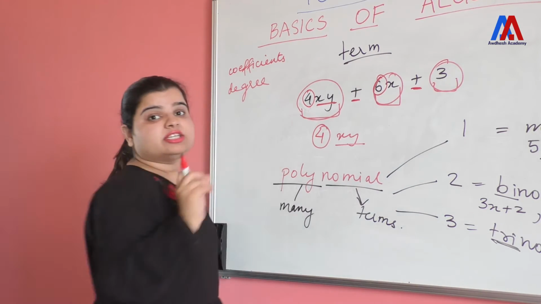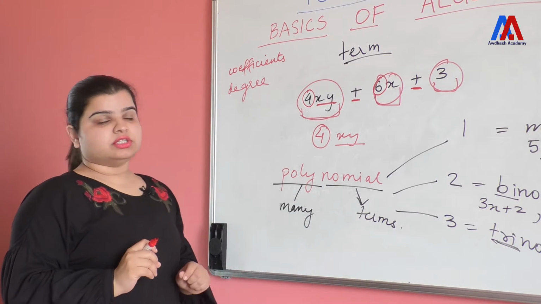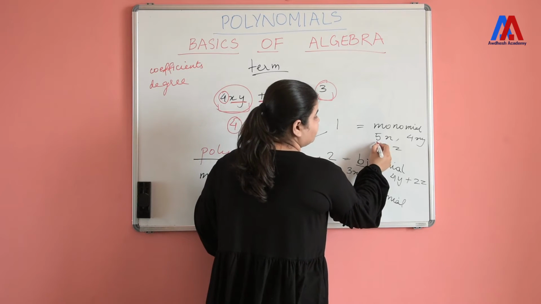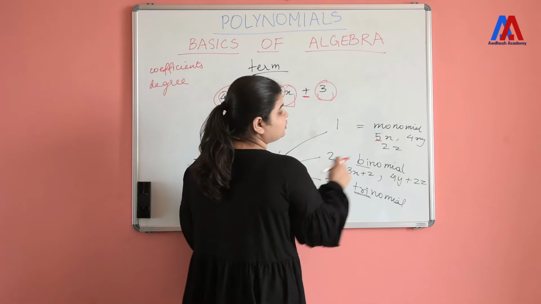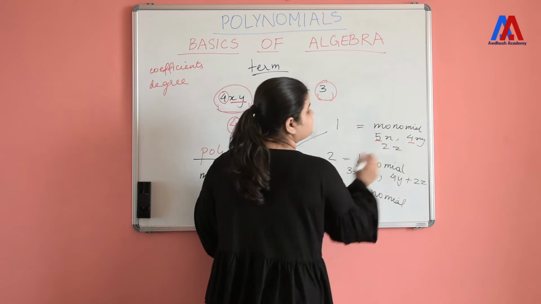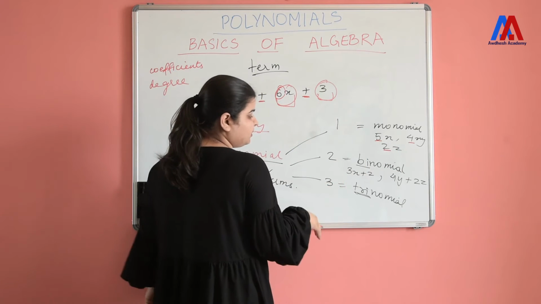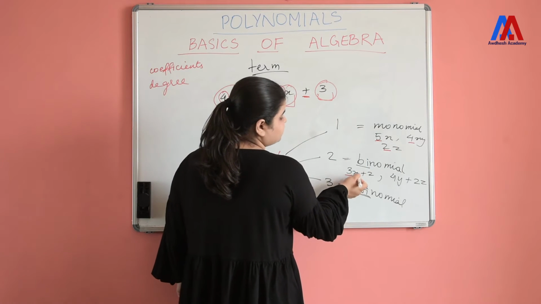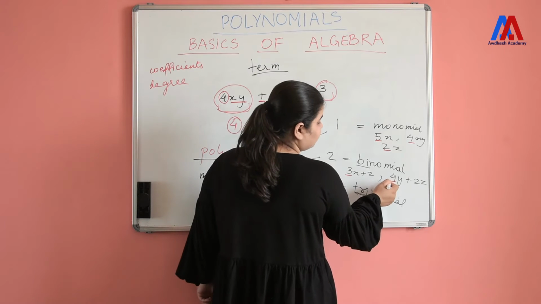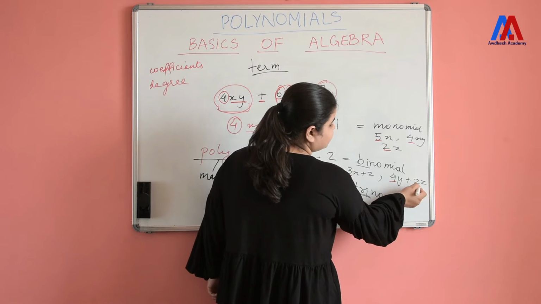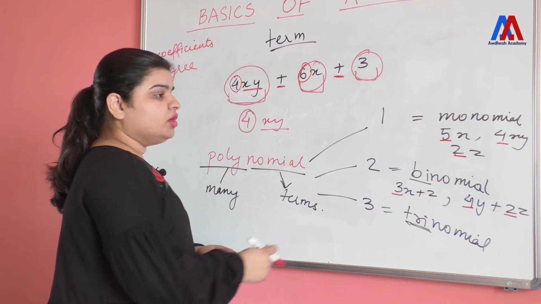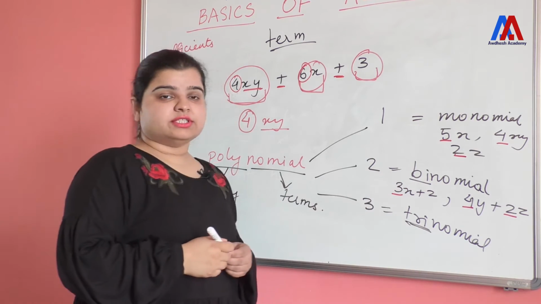Remember, 3 is just a constant, it is not a coefficient. Like here, 5 is the coefficient of x, 4 is the coefficient of xy, 2 is the coefficient of z, and likewise we have 3 as the coefficient of x here, and 4 as the coefficient of y, and 2 as the coefficient of z. 2 here is a constant.